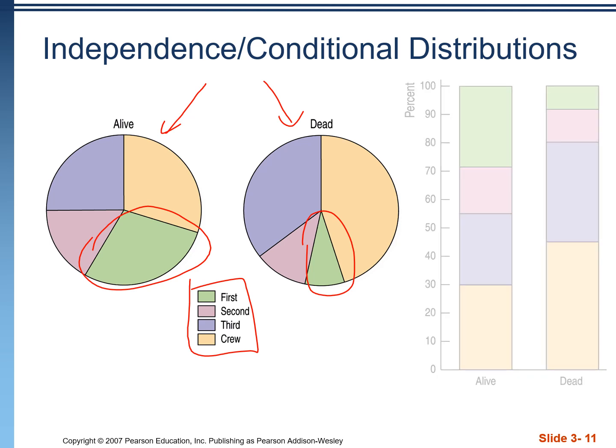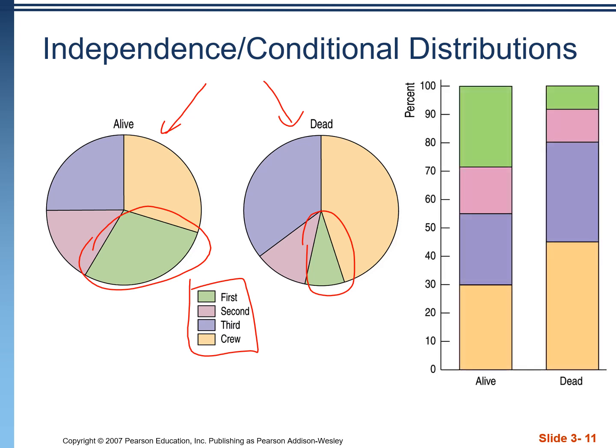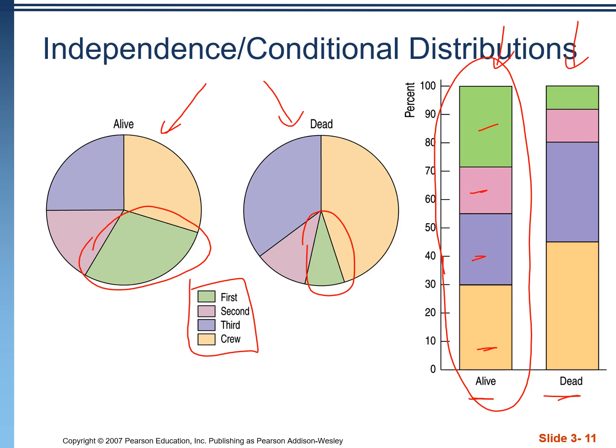Another way to display this data would be something called a segmented bar chart. So we have one variable that's split up by bars, so alive and dead get 1 bar each, and then within each bar we have that same information, what proportion were in crew class, third class, etc. And again, if these were independent variables, these two bars would look the same.